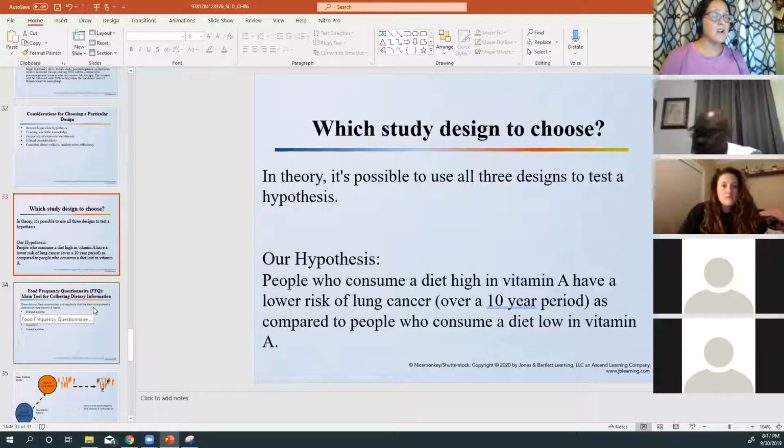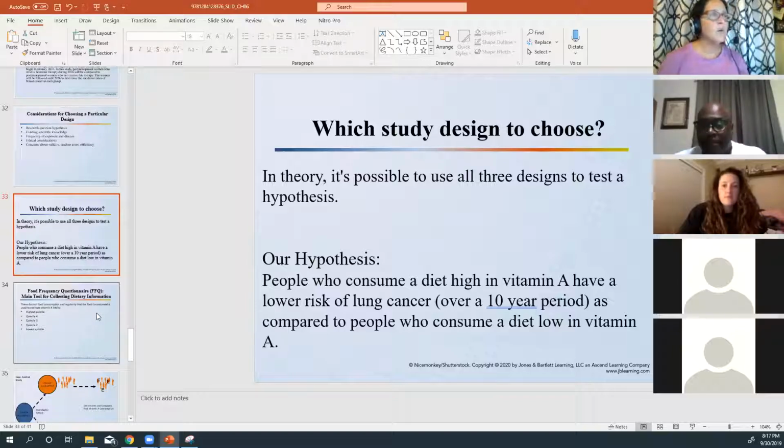So what is our exposure for this hypothesis? Vitamin A. Yay, the vitamin A levels in the diet, great. And what is our outcome? Lung cancer? Yes, exactly.